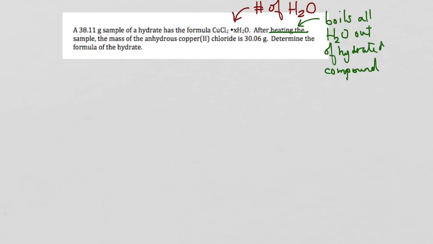So after heating all the water out, the leftover is just copper 2 chloride. So when they say anhydrous, this is the compound. The word anhydrous means the compound without water. So that's what this question is saying.